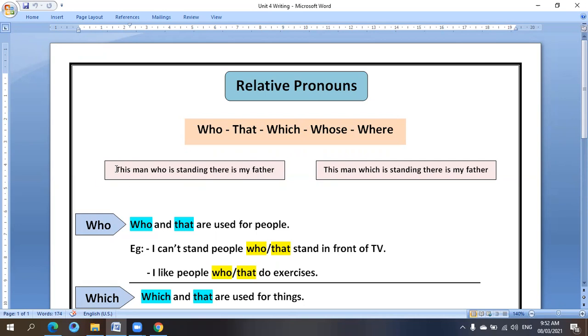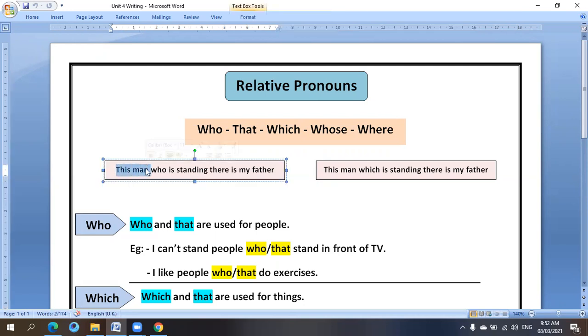The first one is this man. This is the main sentence. The part from the relative pronoun to the end of the sentence is called a relative clause or adjective clause.